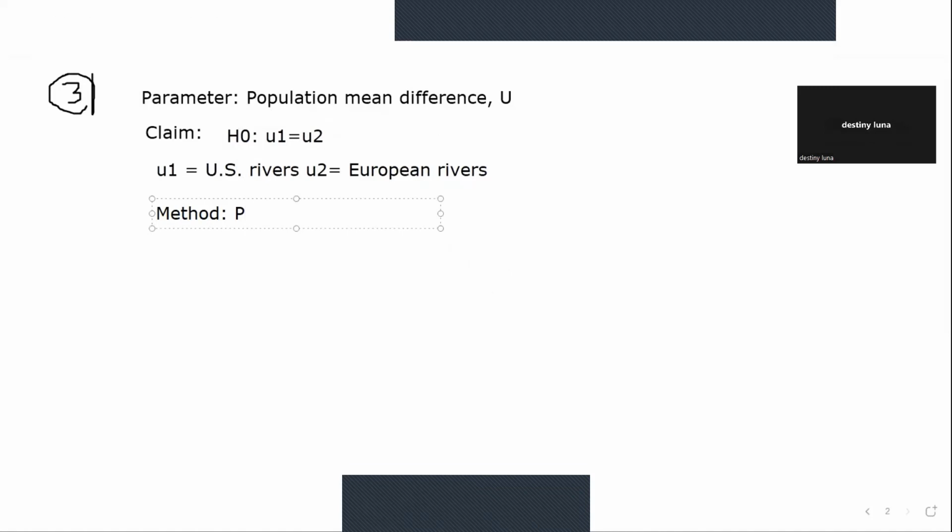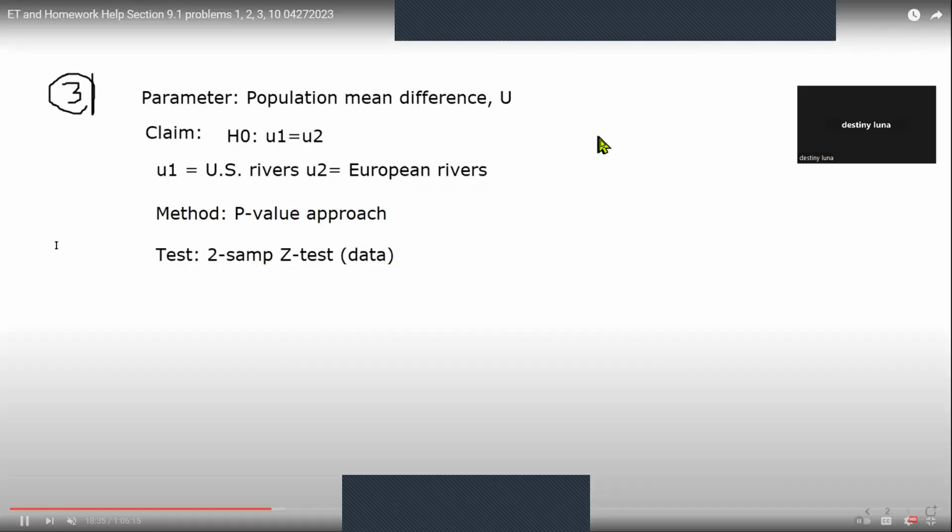Your method here is the p-value approach. Your test is the 2-sample z-test using data. Now here, this is a different thing, and you'll see this when we go to the calculator. We have 2 options when we actually get to the hypothesis test.